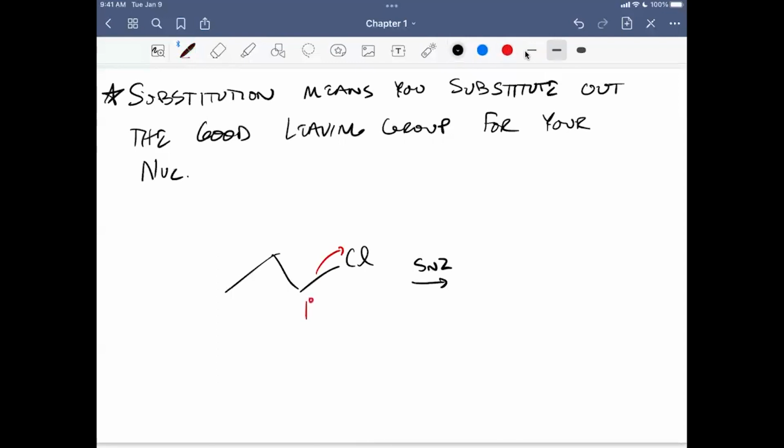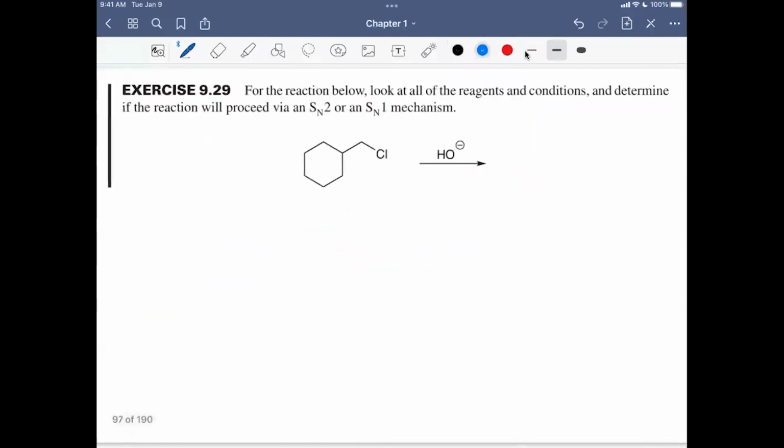You would just fit in whatever you have for your reagent right here, because you're substituting out the good leaving group, in this case a halogen, for whatever you have over that arrow. So that's substitution.